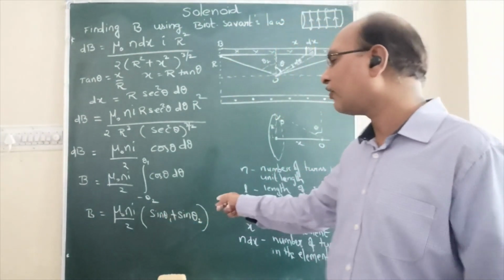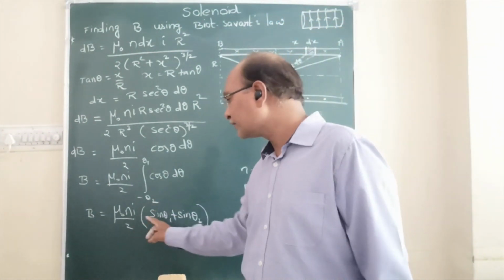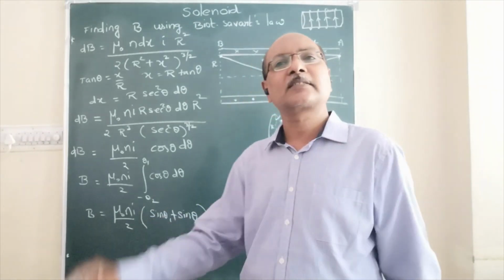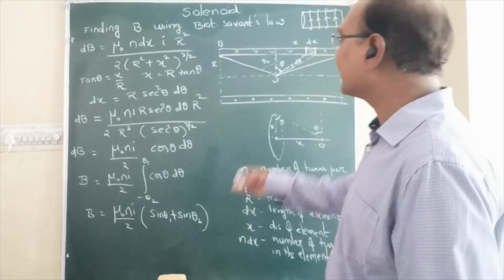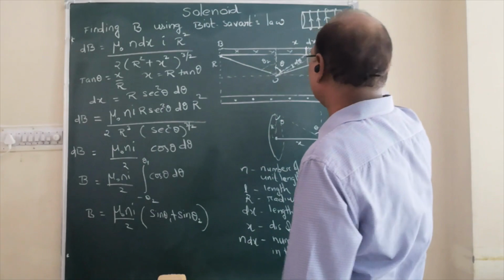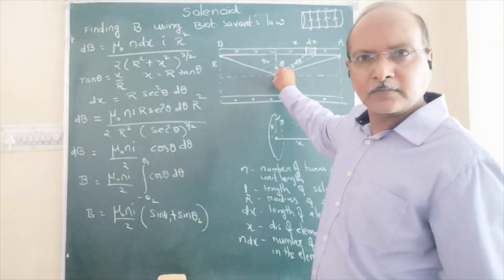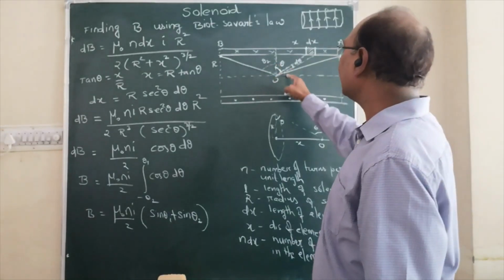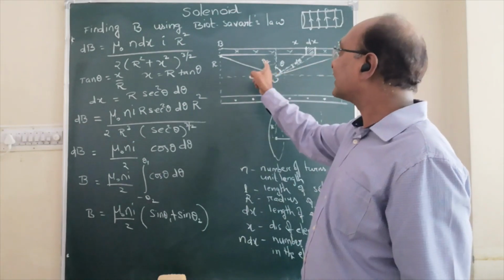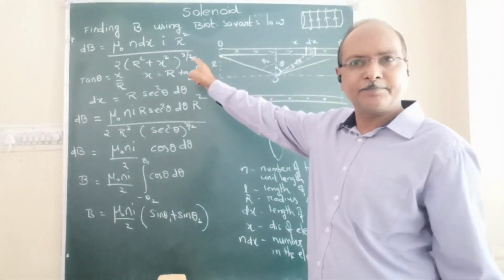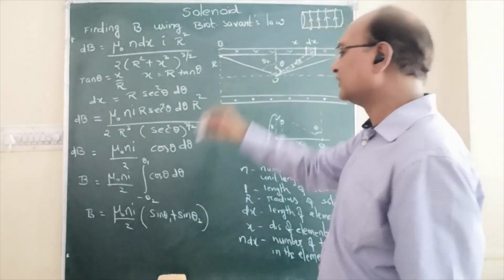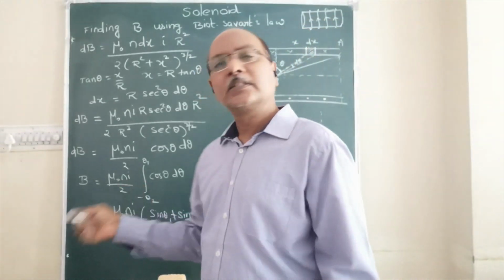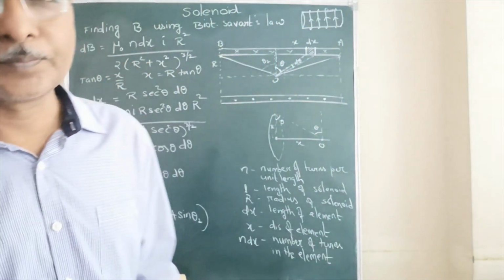So this is the general formula, mu naught n I by 2 into sin theta 1 plus sin theta 2. We are taking the angle subtended by both ends at this point. Theta 1 is this angle from A, and theta 2 is the angle subtended by the other end at the center.